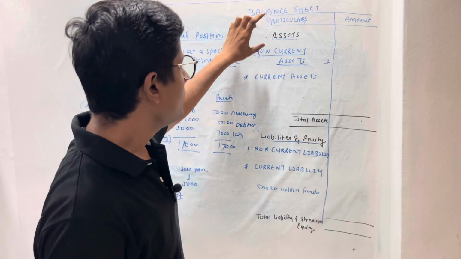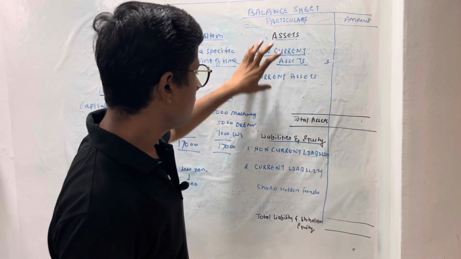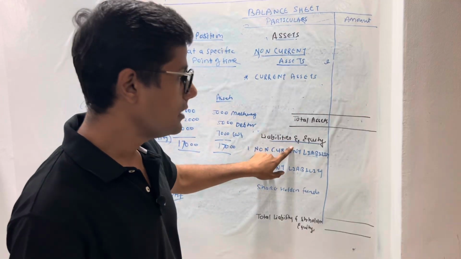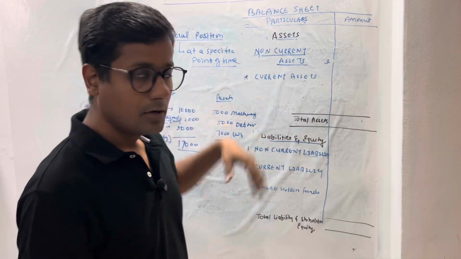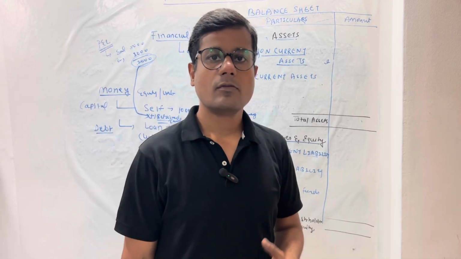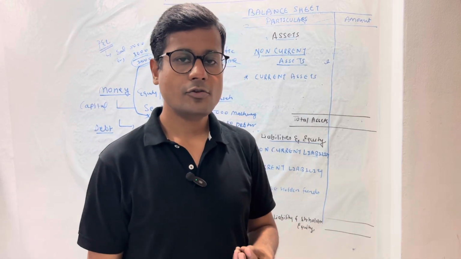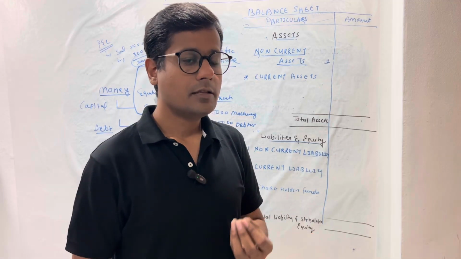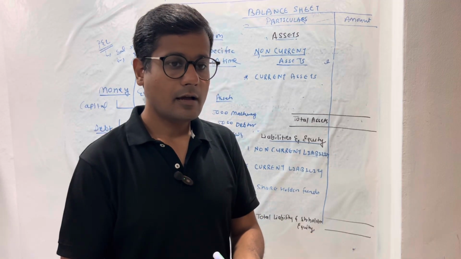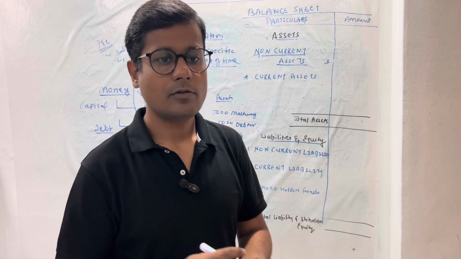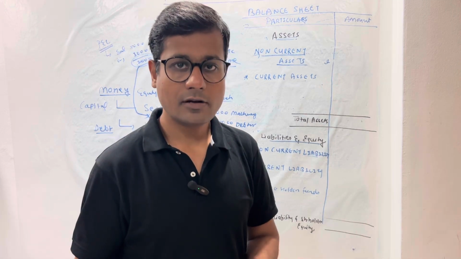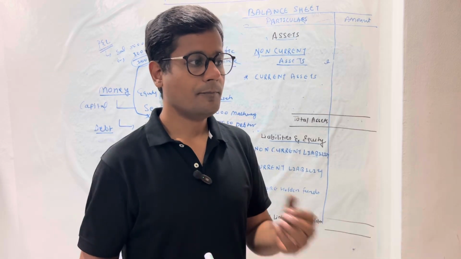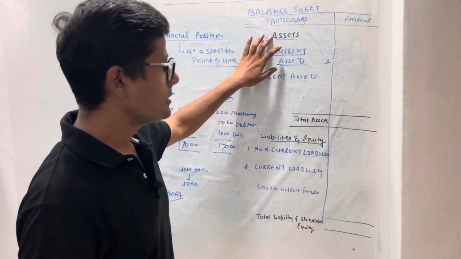So one side is assets, the other side is liabilities and equity. Asset is something which you own, or which the business owns, and they are expected to generate some value. Using those assets, some financial benefit will be there for the company, right? So that is what assets are.